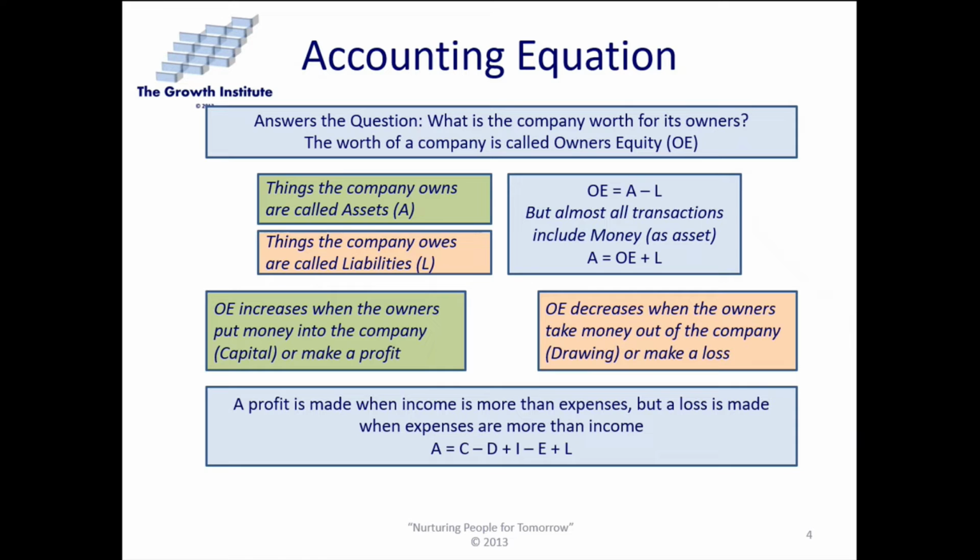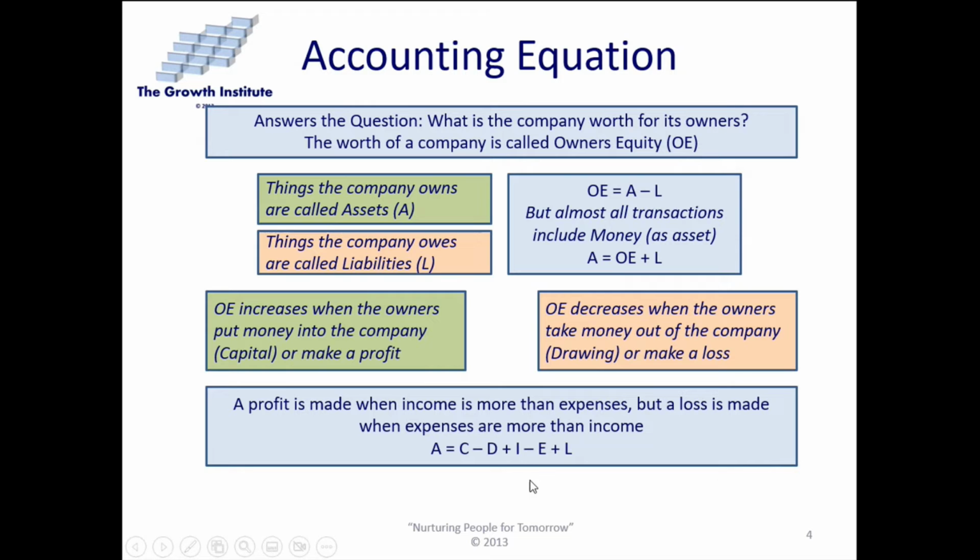So now we take this accounting equation that said assets equals owner's equity plus liability, and we bring in these concepts. Owner's equity is the same as saying capital, things that we put in, minus drawing, things that the owners take out, plus income minus expenses, because income minus expenses is just profit.